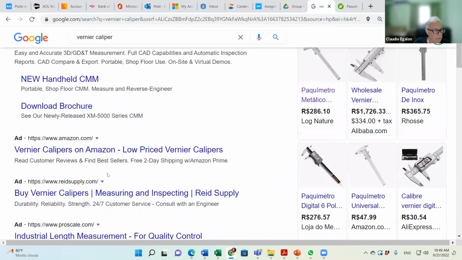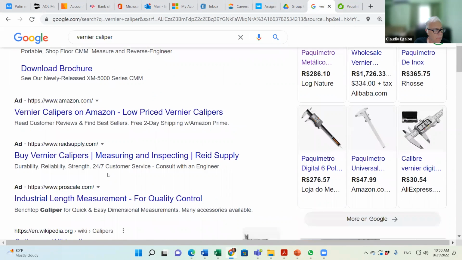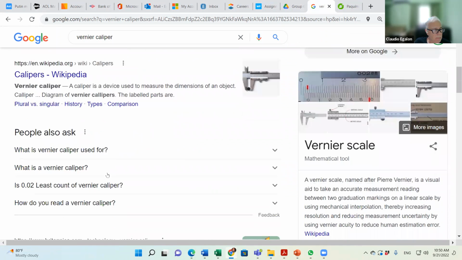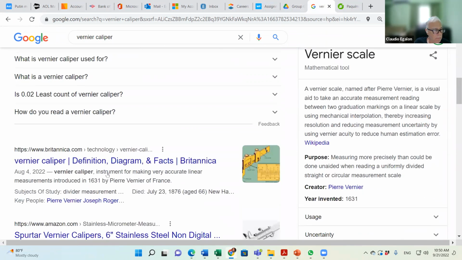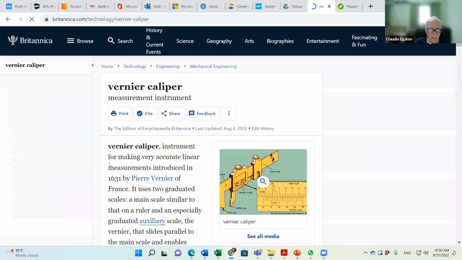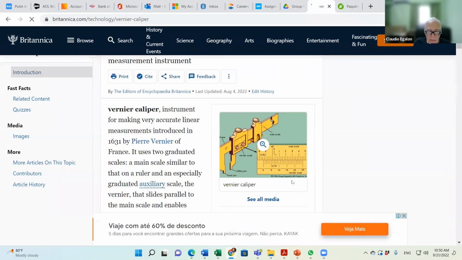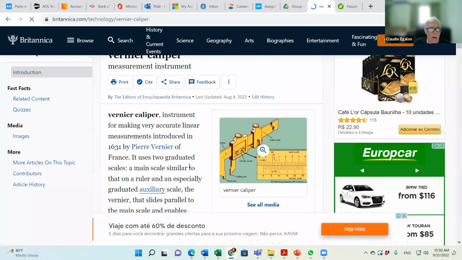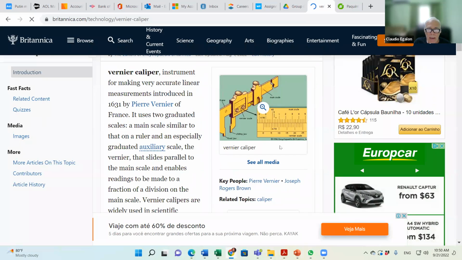Oh, the brochure. Let's see. Definition diagram. Let's take a look here. Here is the vernier scale of a vernier caliper. Again, this vernier scale is fancier than the other one that I showed to you.